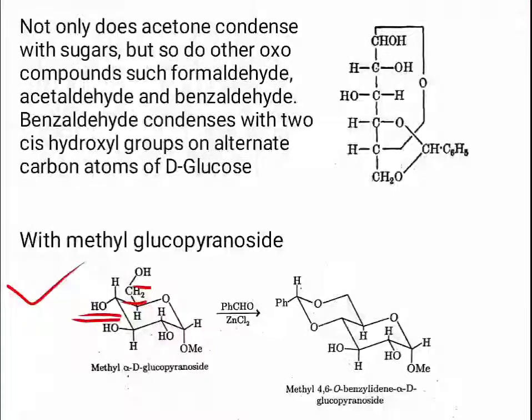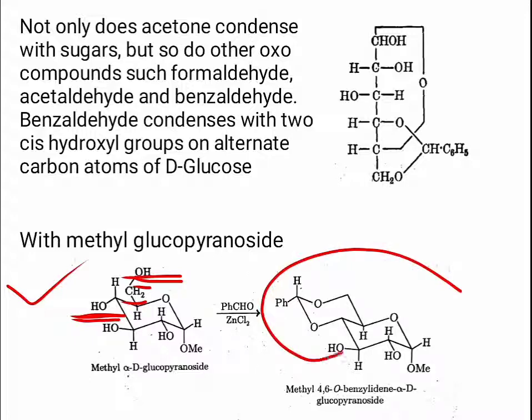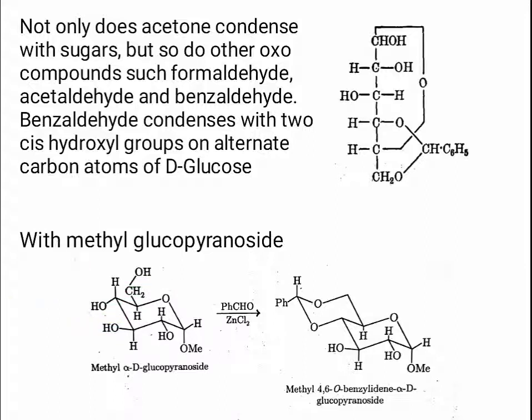So the OH attached to carbon 4 and carbon 6 will participate in making the derivative. So this type of structure they will form. So you will get methyl 4,6-O-benzylidene alpha-D-glucopyranoside.